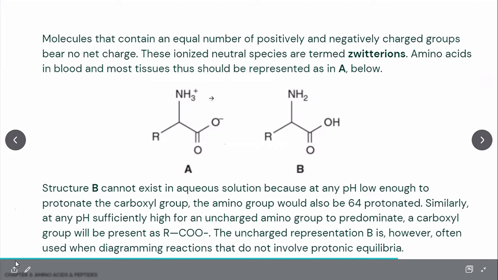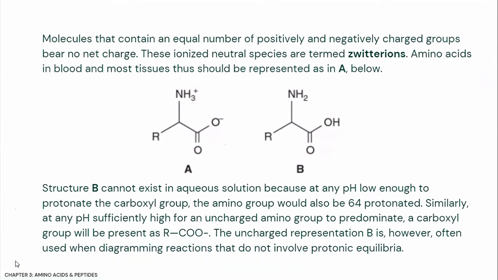It has 2 charges, positive charge and negative charge. And you call that dipolar ion. Diba? Dipolar ion. Or zwitterions. Zwitter is a German word for 2.